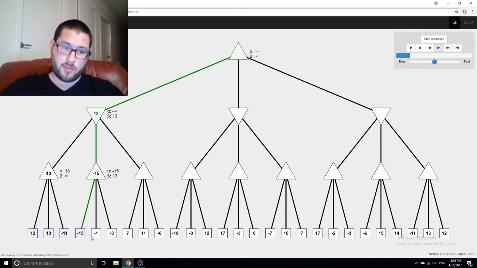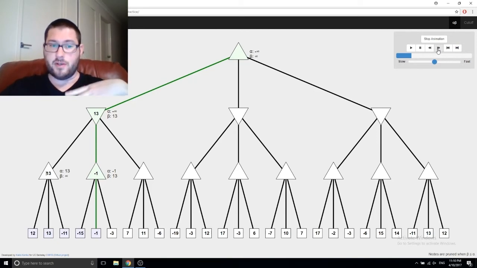And the same will happen when it explores this node, which is negative 1. Exploring that node will allow it to push the alpha value up further, so the new alpha value will be negative 1. Negative 3 won't really improve the situation. It's not higher than negative 1, so it's not going to allow the maximizing node to push that value up, so it's just going to stay at negative 1.